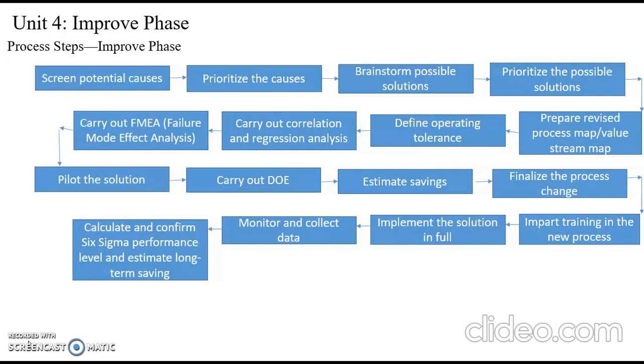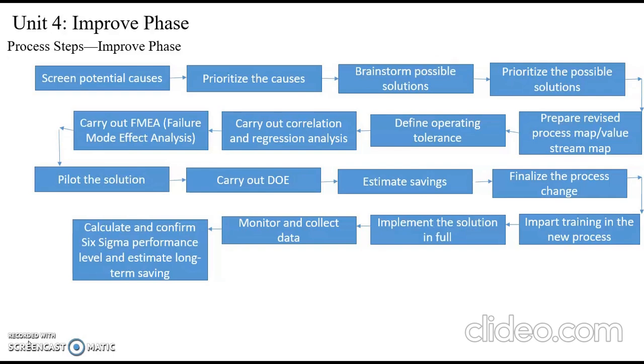And the next step is to prioritize the possible solutions. Here, during the brainstorming sessions, a number of possible solutions are suggested by the team members and invitees. They suggested so many solutions.